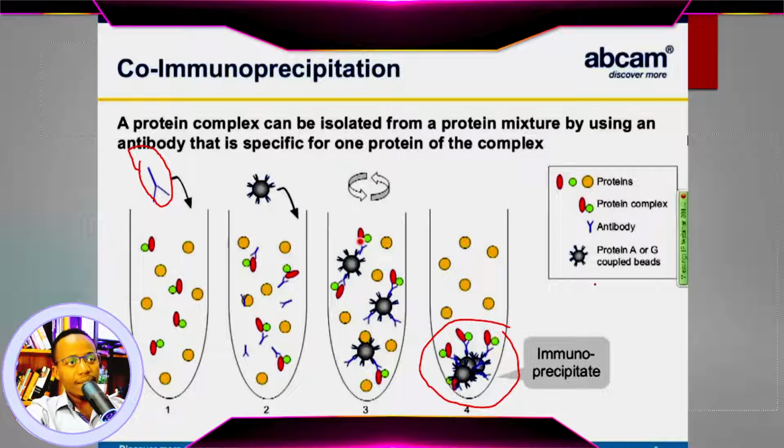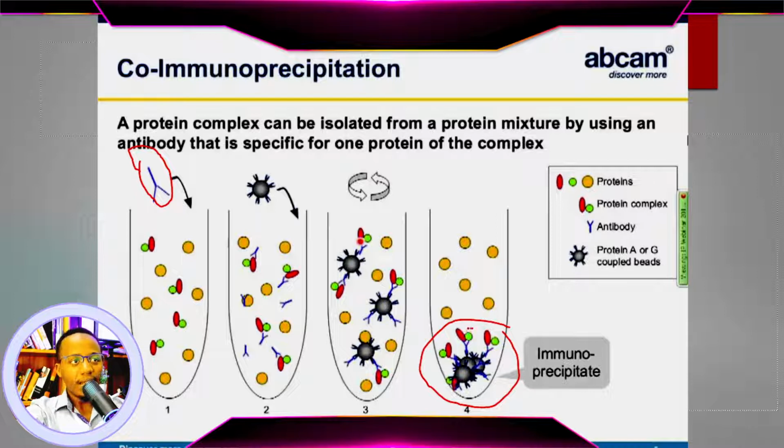After this, you're going to analyze what's precipitated. And remember, you only targeted one protein with your antibody. So the idea is, let me analyze what precipitated and see if there is another protein that came out with the protein that I targeted. So this is a way to find the complex because, for example, look at the one at the bottom.